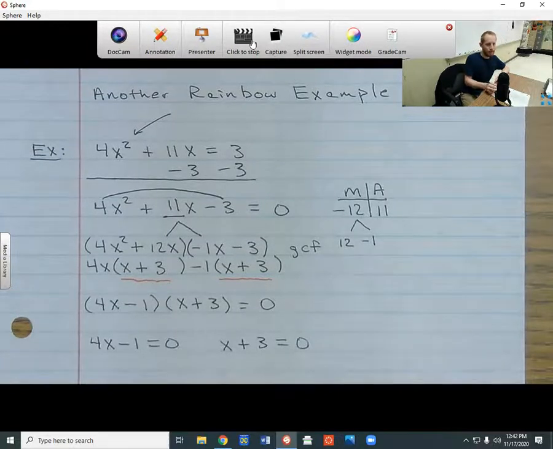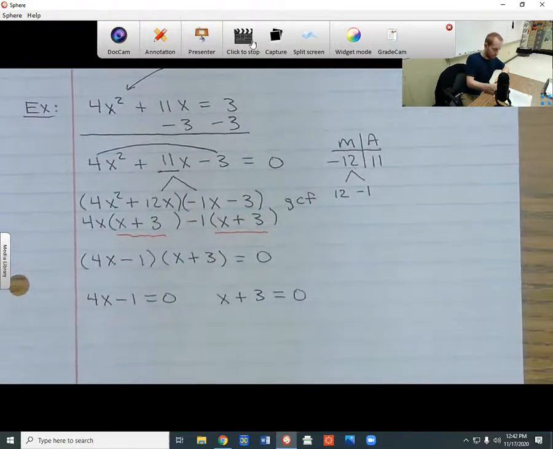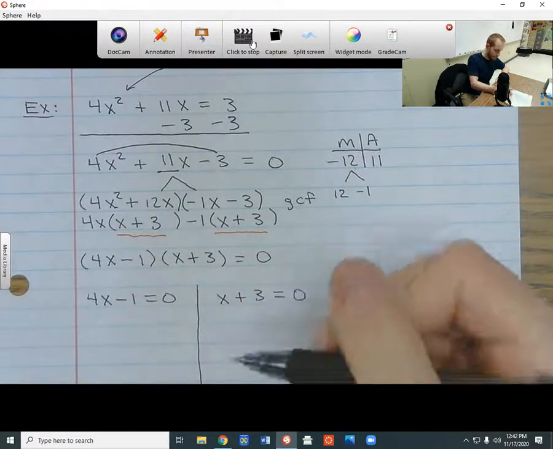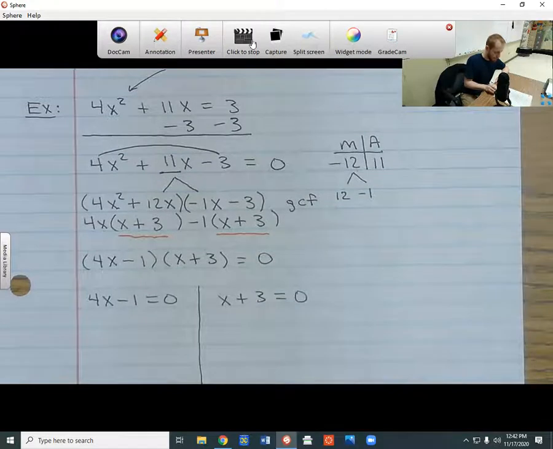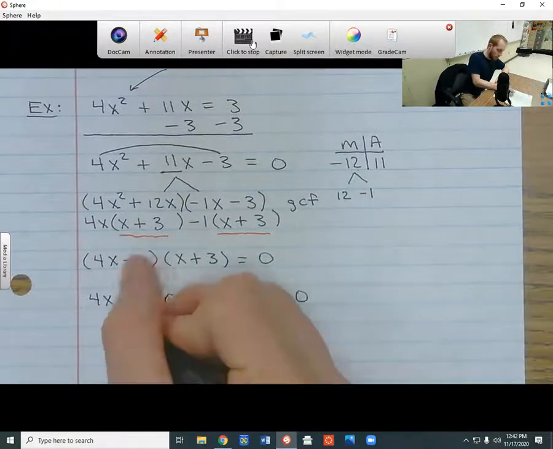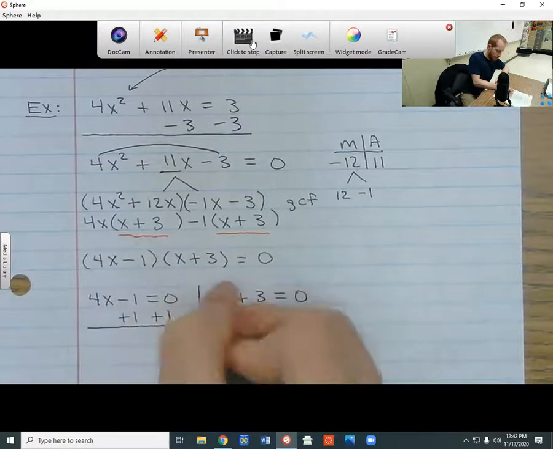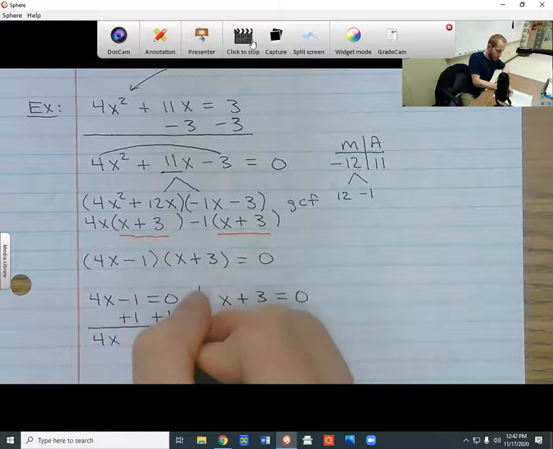Okay. Now for the first one, I've got to get rid of that -1 first. So I'm going to add 1 to both sides. When I do that, I get 4x equals 1.